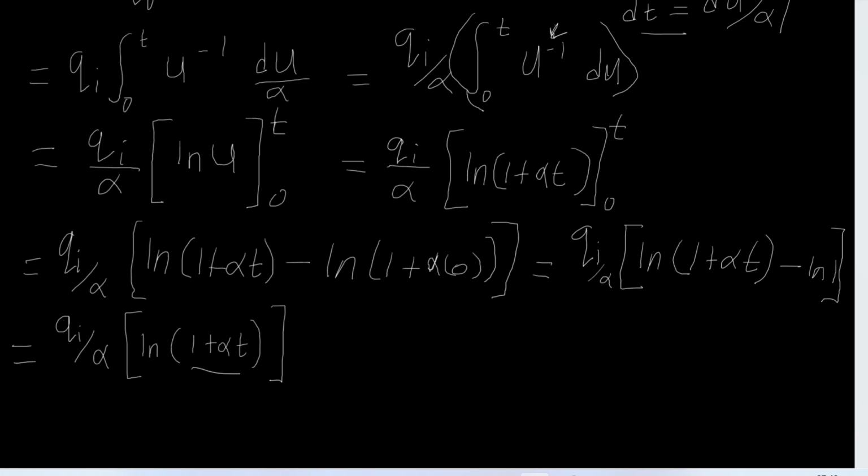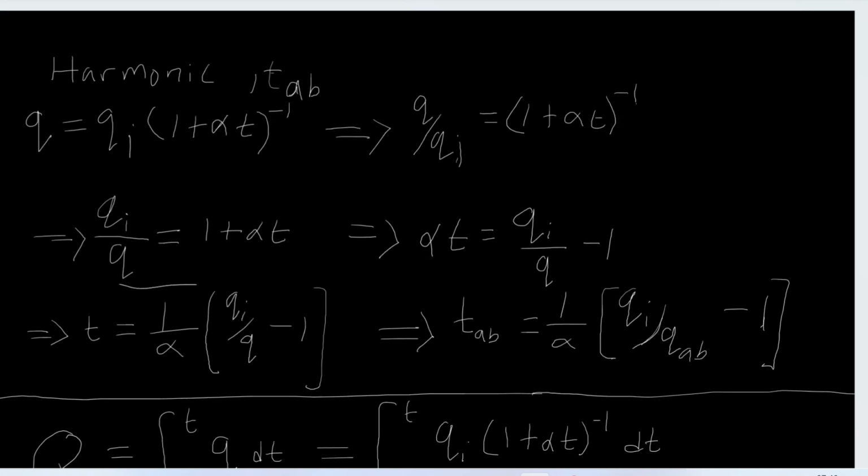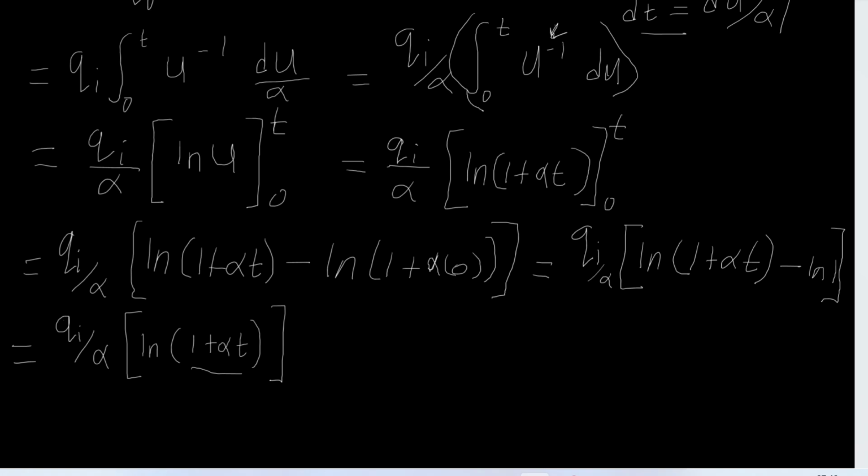We had this value before when we were solving for abandonment time: 1 plus alpha t is equal to qi over q. Then our final answer is qi over alpha times the natural log of qi over q. So in case q was given to you and not t, this is also the expression.